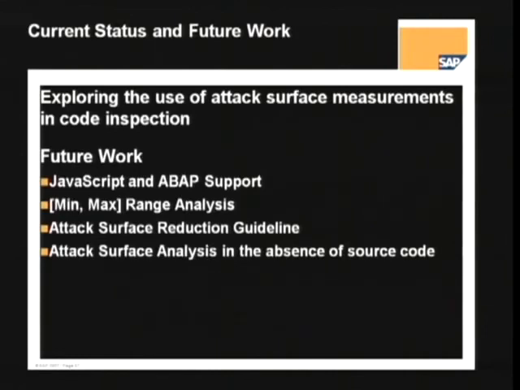And we also need to prepare an attack surface reduction guideline, because the tool is measuring the attack surface. Now the question is, once you have measured the attack surface and it isn't in an acceptable range, how do you reduce it? Because reduction means you have to turn off some services which are not required, right?